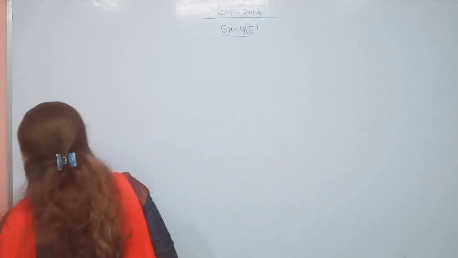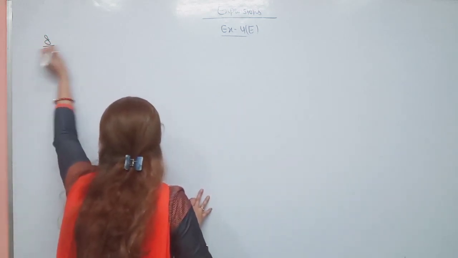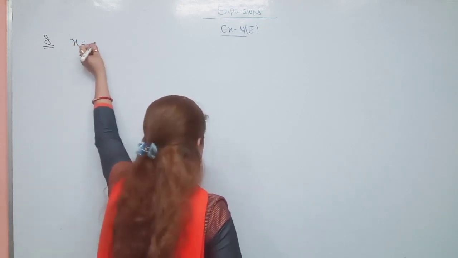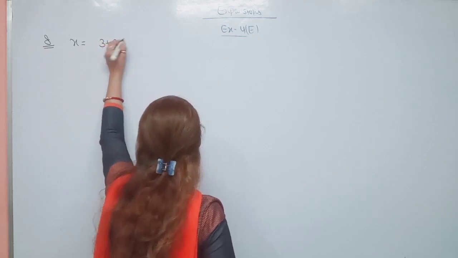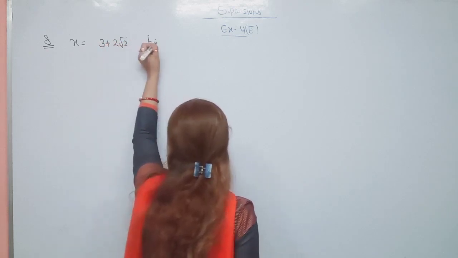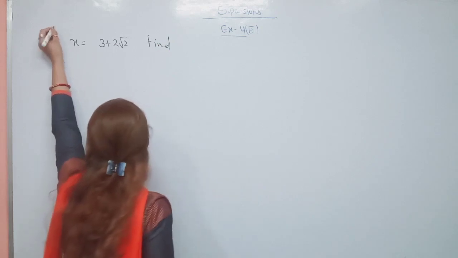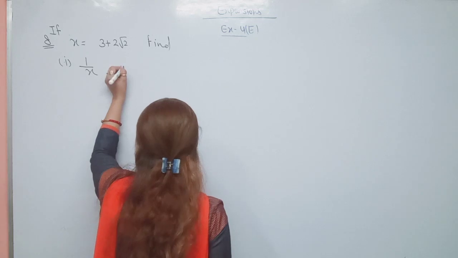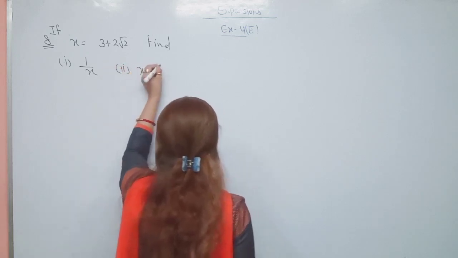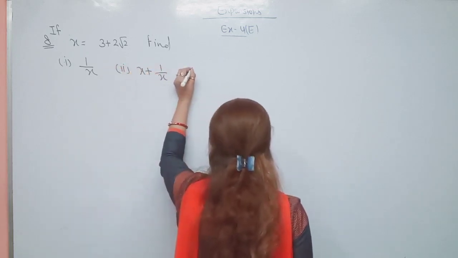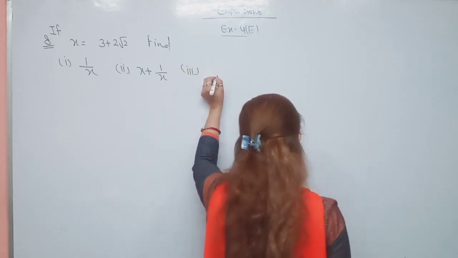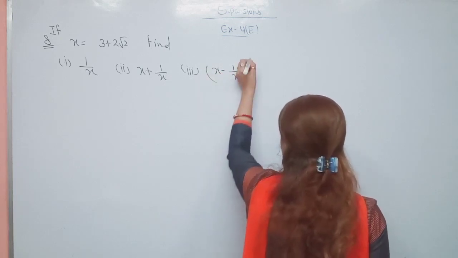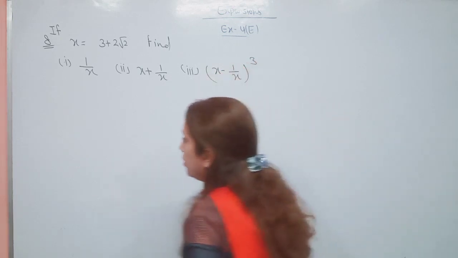In question number 8, it is given the value of x is equal to 3 plus 2 root 2, and the question is to find: first part 1 upon x, second part x plus 1 upon x, third part x minus 1 upon x whole cube, and the fourth part is homework.